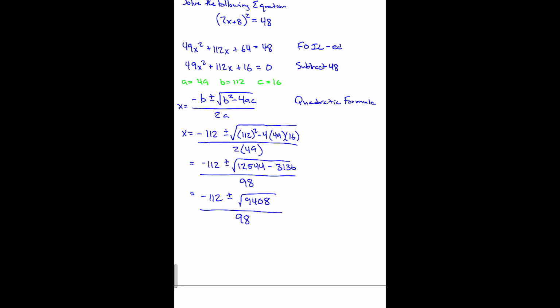Now, the hard part about the quadratic formula is reducing this square root. Most of your math instructors would want you to keep it in radical form, not as a decimal. So you're going to have to go through the list of perfect squares and figure out which one actually works.